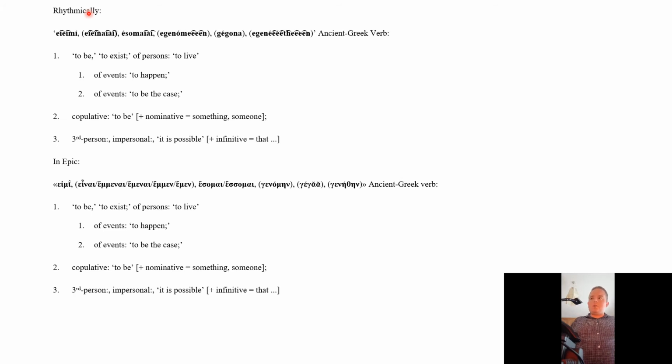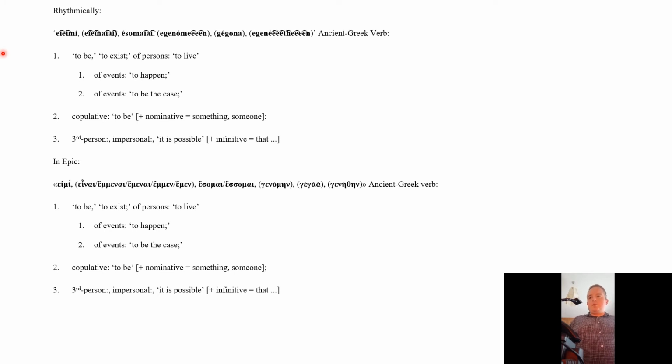And now we shall write out the ancient Greek copulative verb eimi, rhythmically. Eimi, einai, esomai, egenomen, gegona, egeneto.